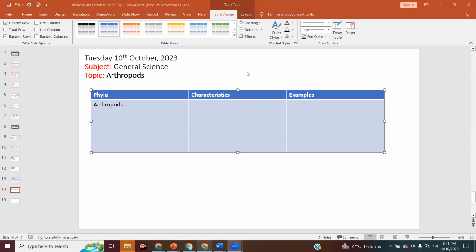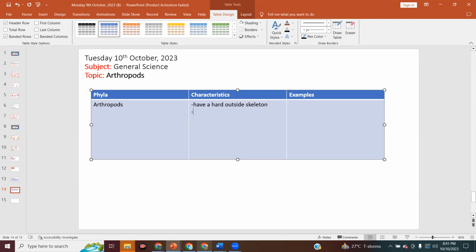Okay, so let's actually talk about the characteristics of arthropods so you can know what are arthropods from not. In general, arthropods have a hard outside skeleton. We call that outside skeleton a what? Exoskeleton.